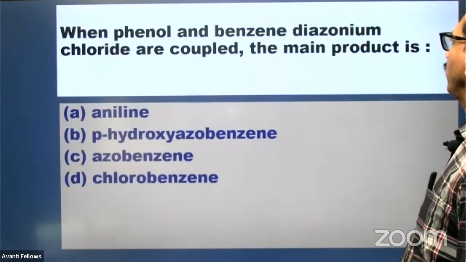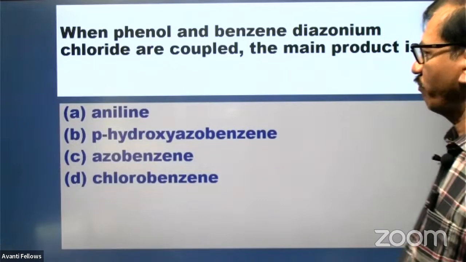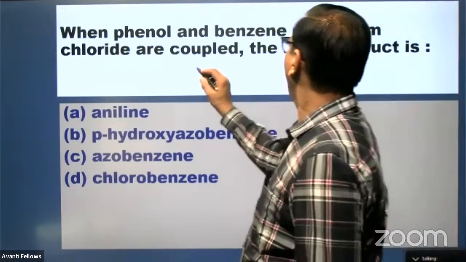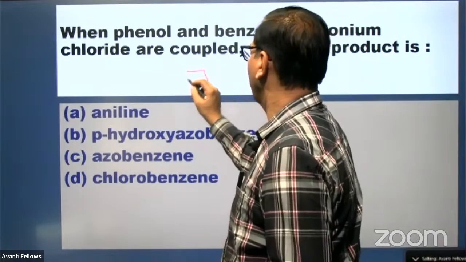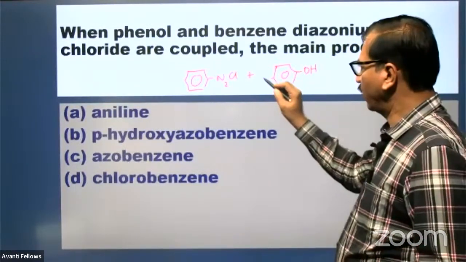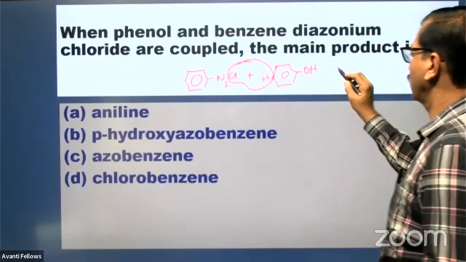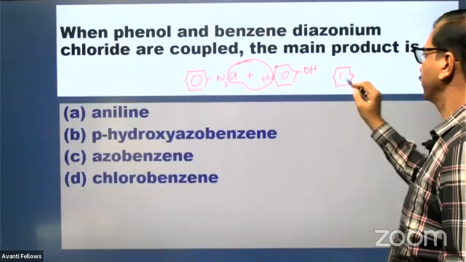When phenol and benzene diazonium chloride are coupled, the main product is? This is benzene diazonium chloride plus phenol. This hydrogen goes away, and this is called the coupling reaction.